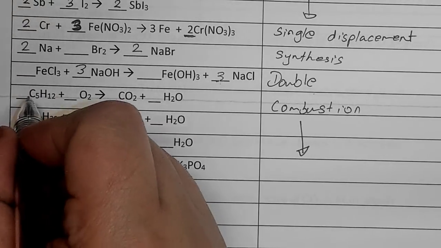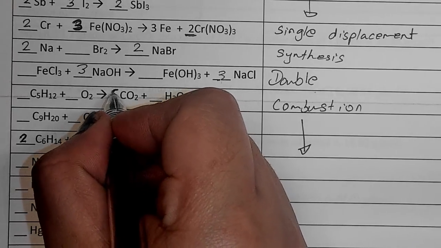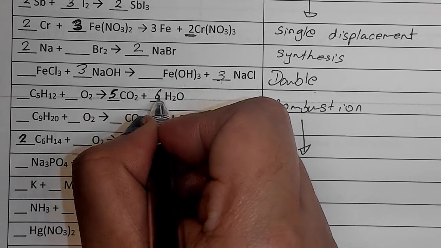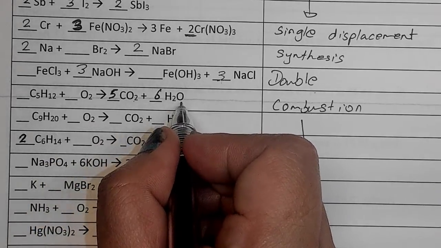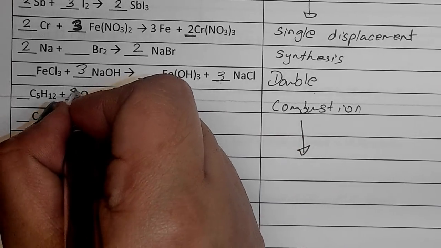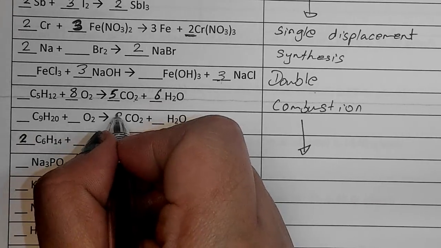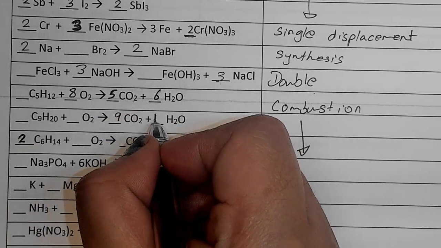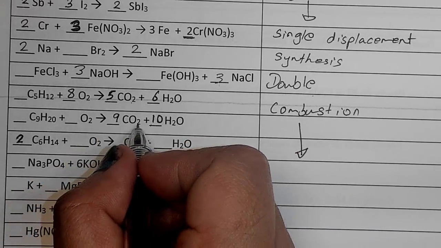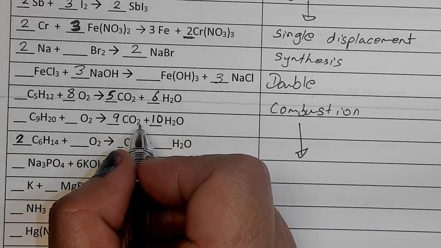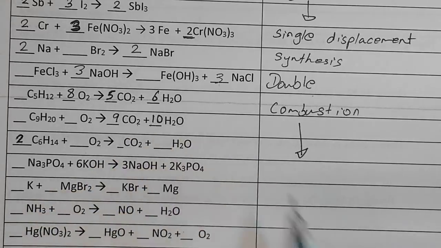So 5, 6, 10, 6, 16, so 8, 9, 20, so 10. So 10 plus 9 times 2, 18. So 18 plus 10, that's 28.